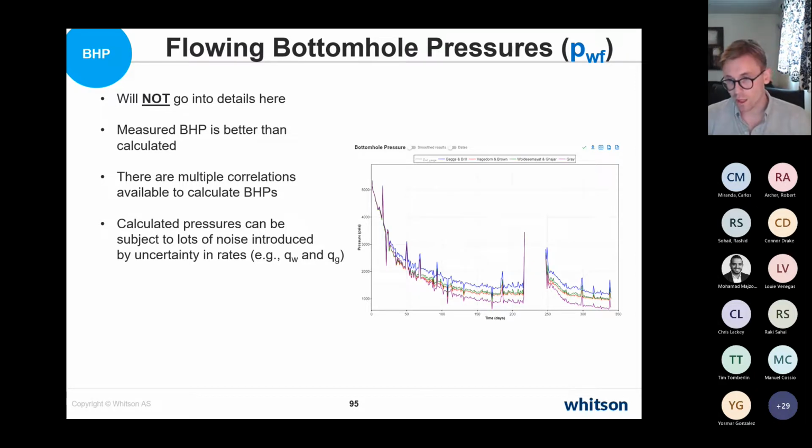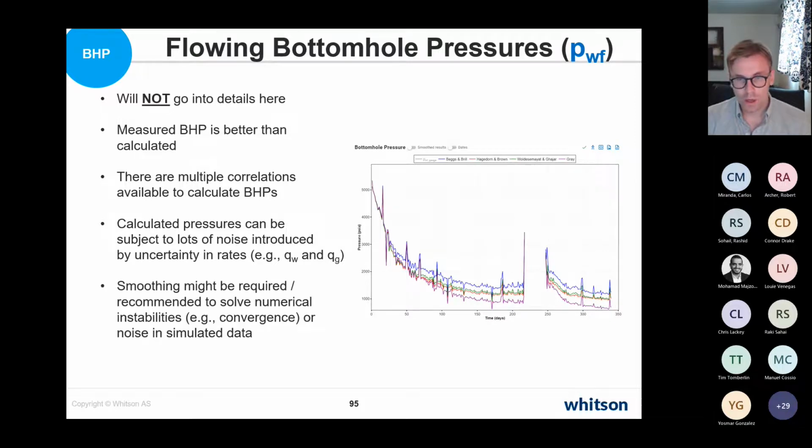A good example is noise introduced from measurements of water rates at surface. That's not a phase that we're selling, so many times we're not too careful about the volumes that we're recording for water.